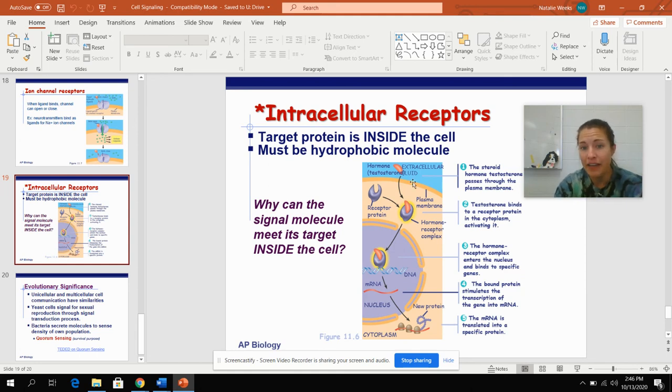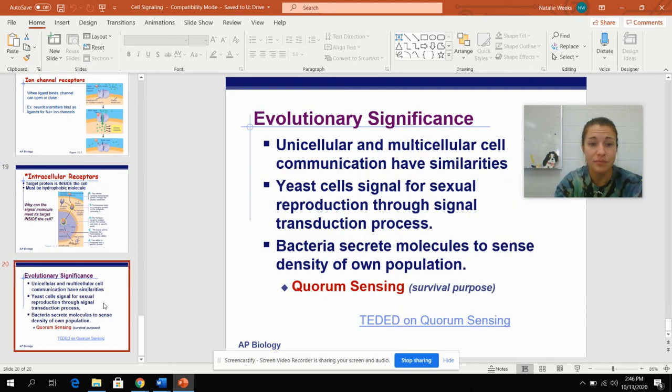Well, if it is hydrophobic like testosterone, that is a steroid that is made of cholesterol that we know is a lipid. This is why biochem is important. We know that lipids are hydrophobic, so it is going to be able to go through a membrane very easily. It does not need an extracellular receptor on the membrane. The receptor can actually be inside because the ligand itself can go inside of that cell.